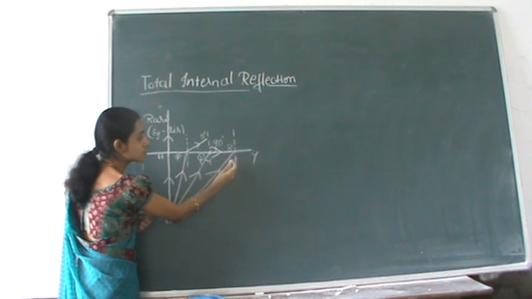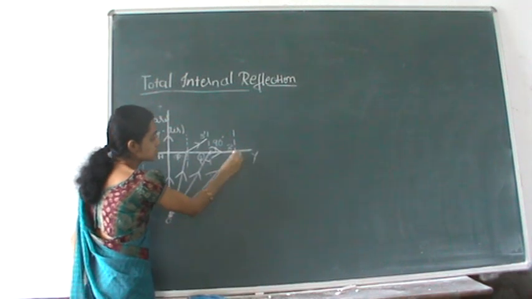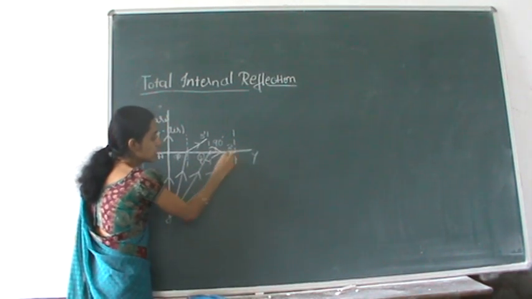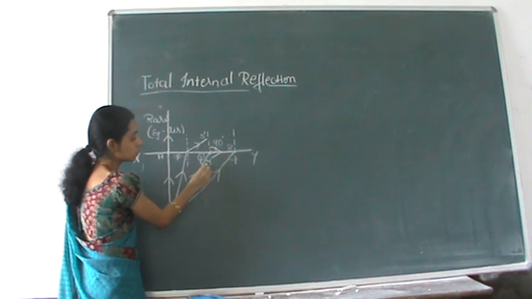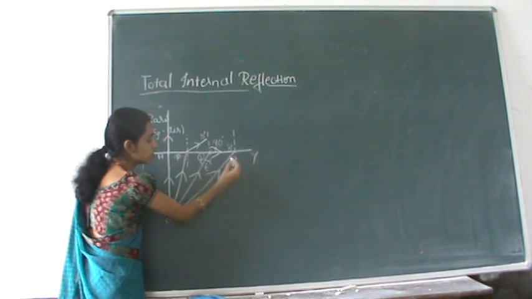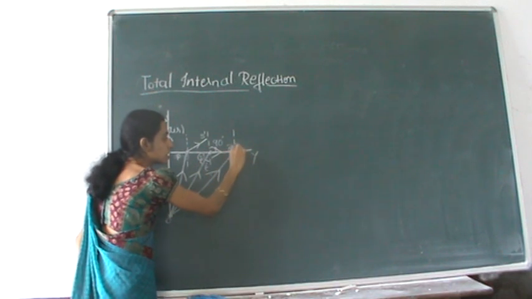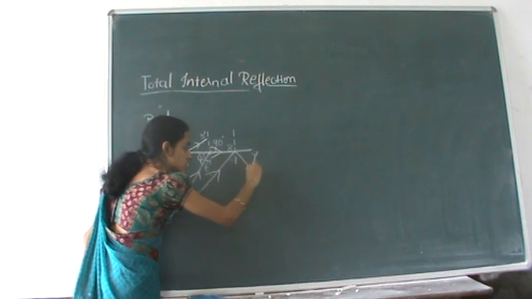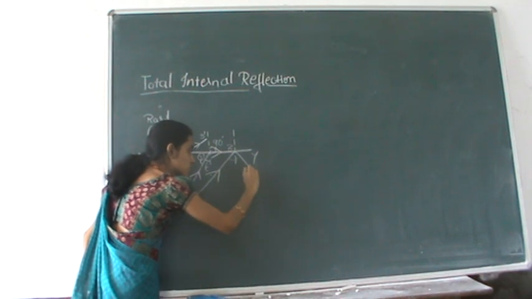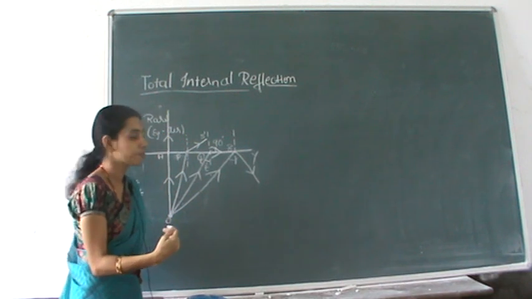Next, if the angle of incidence is increased once again, when the angle of incidence is greater than this value, IC, then the incident ray is totally reflected back to the same medium.